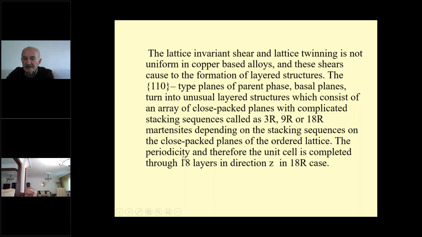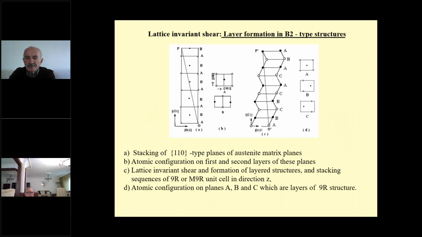The periodicity, and therefore the unit cell, is completed through 18 layers in direction Z in the case of 18R martensitic structures. This is the formation of layered structures with lattice invariant shear.